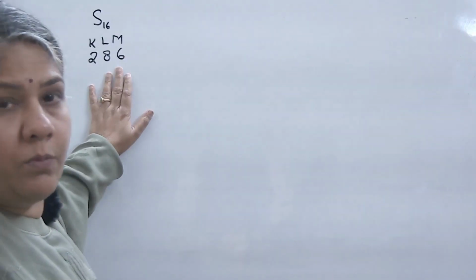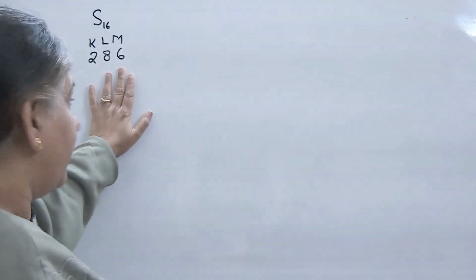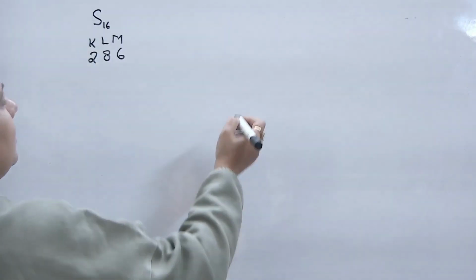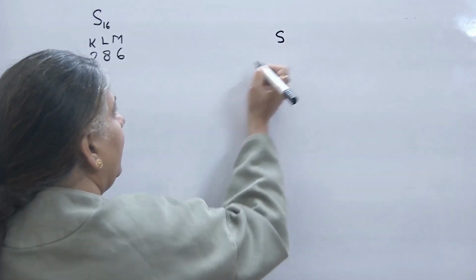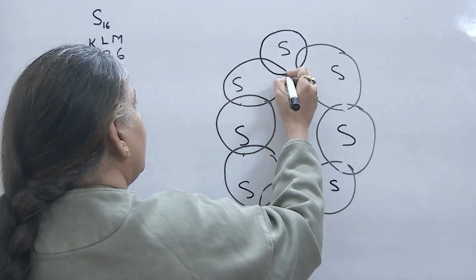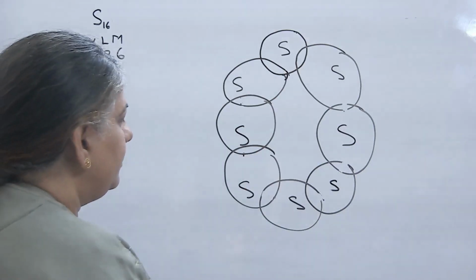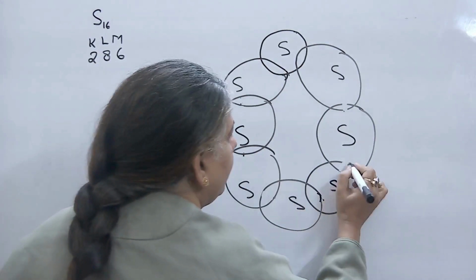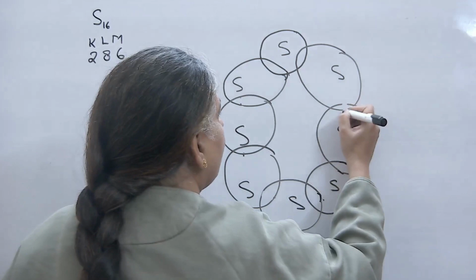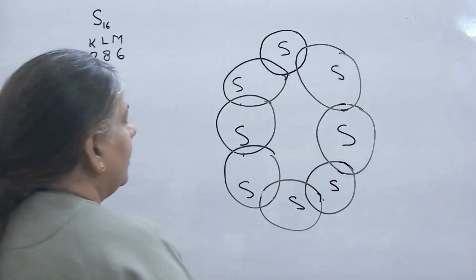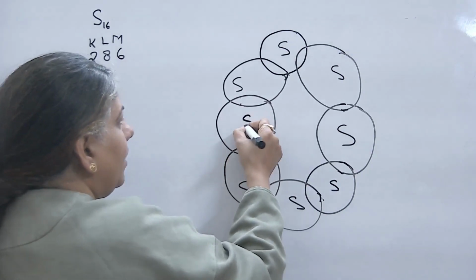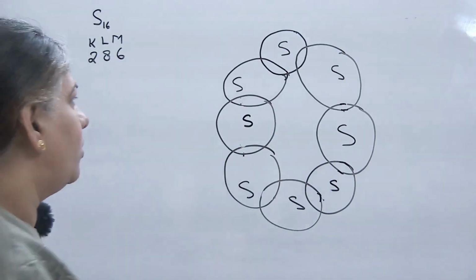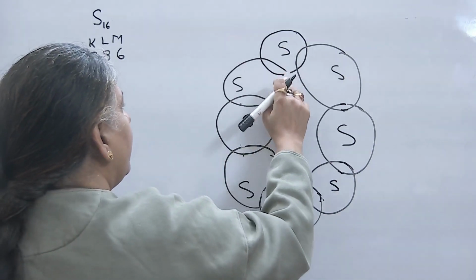So its outermost shell will contain 6 electrons. So let's see, first we arrange the 8 atoms in this manner, in a circular manner. I have drawn this just for simplicity's sake, but you must learn how to make the electron dot diagram for S8.